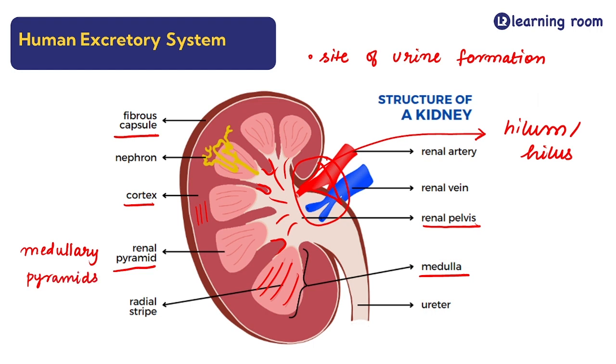The medullary pyramids project into the calyces of the renal pelvis. The regions of the cortex that separate the renal pyramids are called columns of Bertini, or simply renal columns.